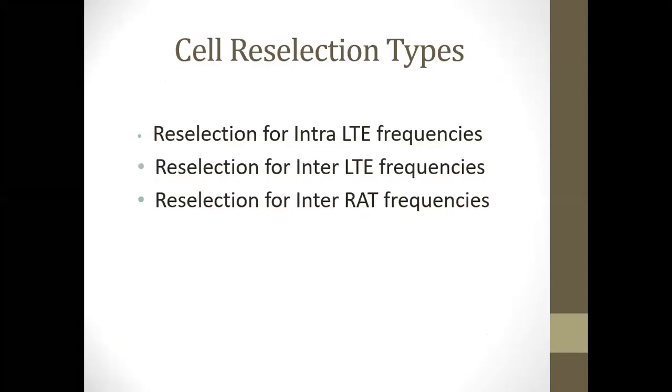If I talk about cell reselection types, there are three types. You may have only one bandwidth currently deployed, say a 20 megahertz deployment. In the case of LTE, if you need further bandwidth, there's another option: you can go for carrier aggregation.